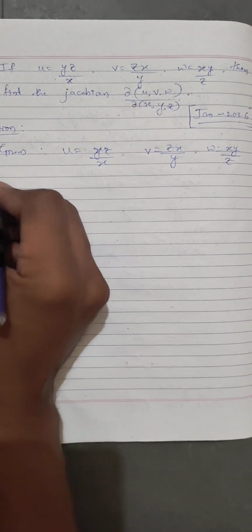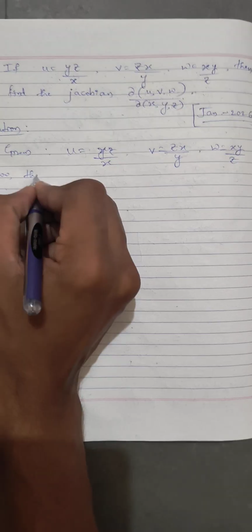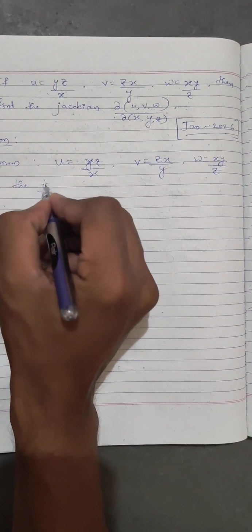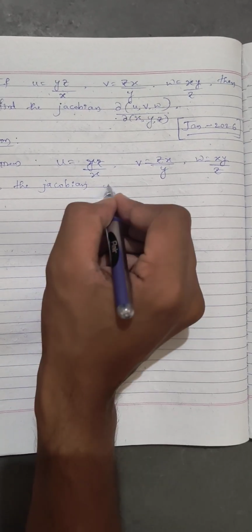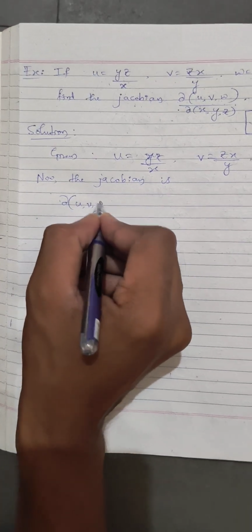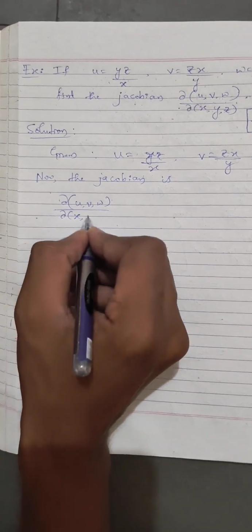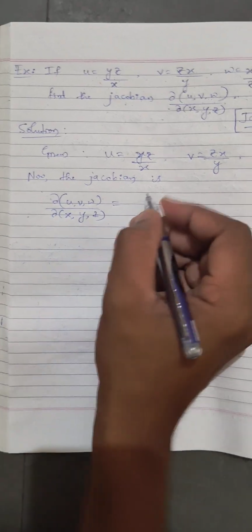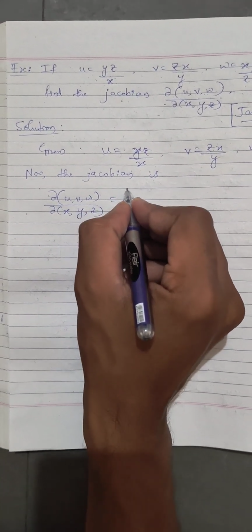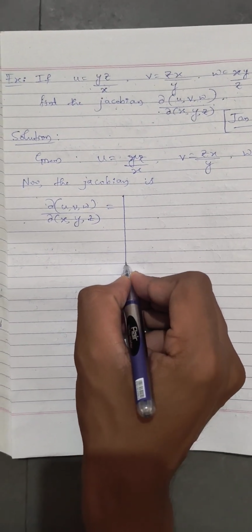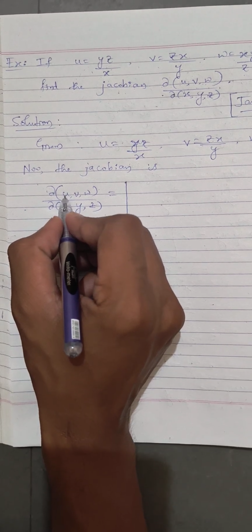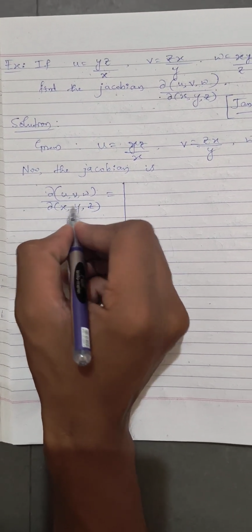Now the term which we need to find is the Jacobian, that is del of uvw divided by del of xyz. The definition of this Jacobian is given by a determinant, a 3 cross 3 determinant, because we have three functions uvw with respect to xyz.